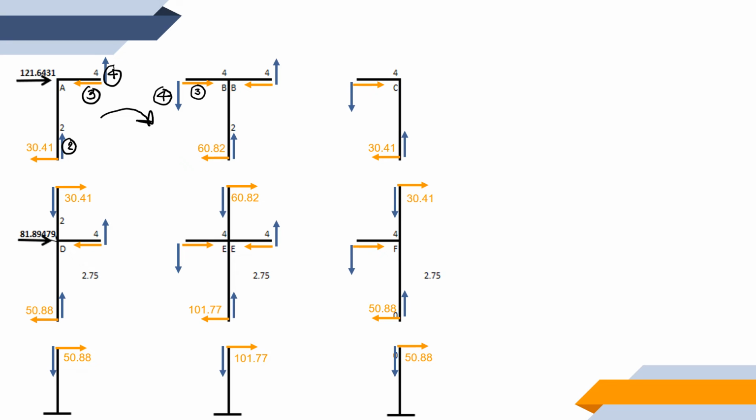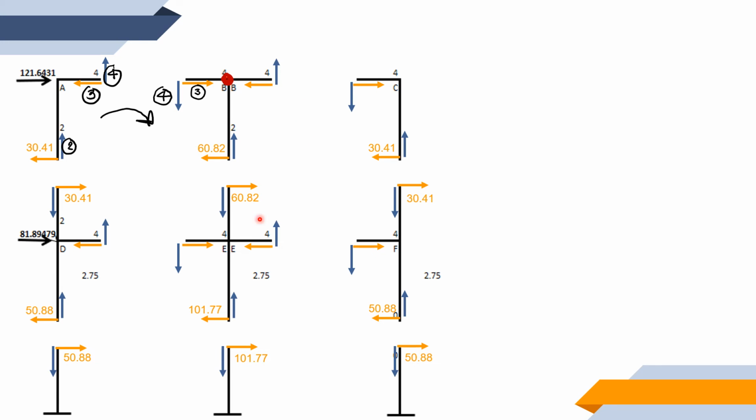So considering joint B, this is now going to be our focus. We have 1, 2, 3 unknowns, so we have to solve them one by one.